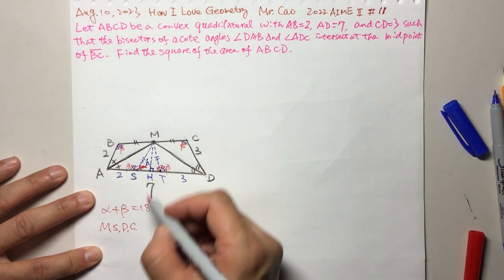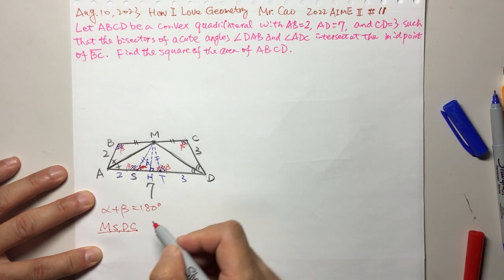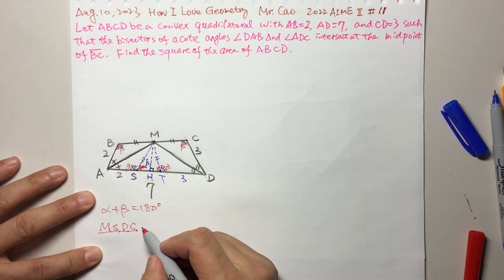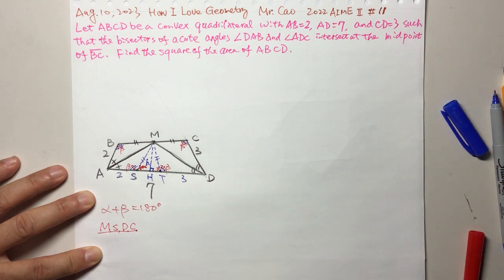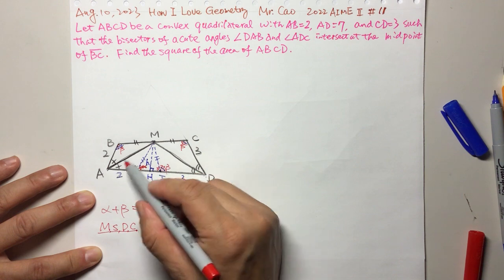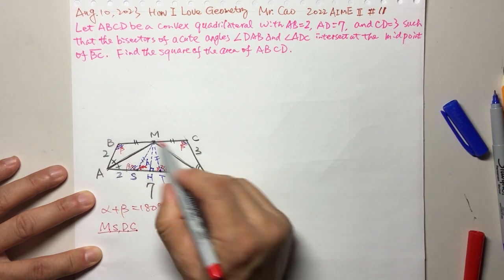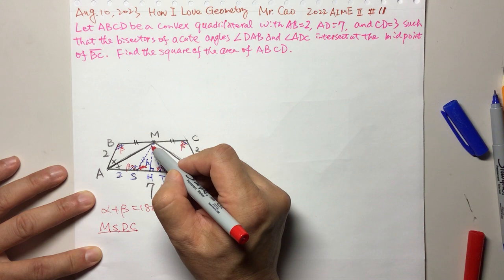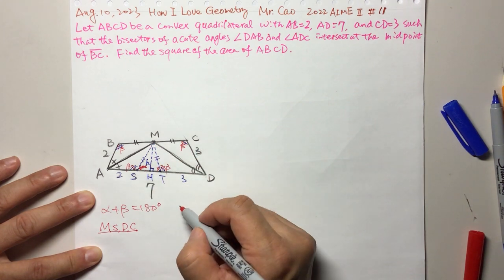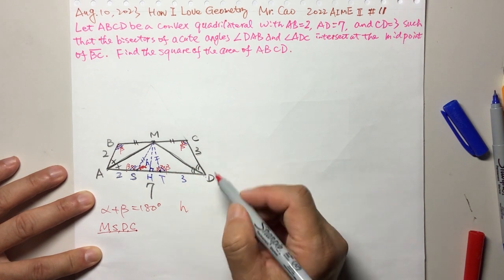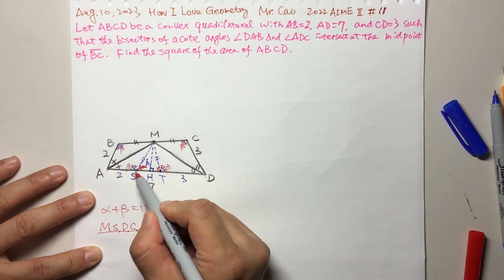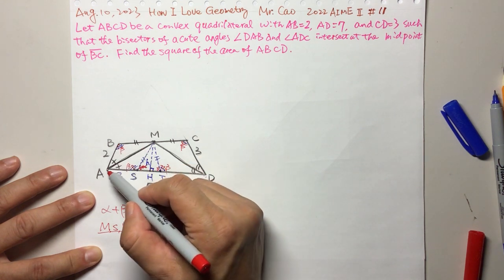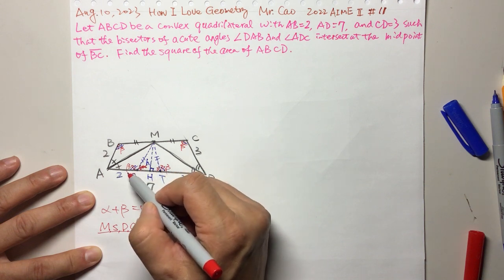So we call MSDC a cyclic quadrilateral, right? If it is a cyclic quadrilateral, then what can we use to help us find the area of ABCD? We know now that all of the focus is on how to find the height MH, right? If we get MH, we know this base is 2, and we can easily find the area of ABMS, right?